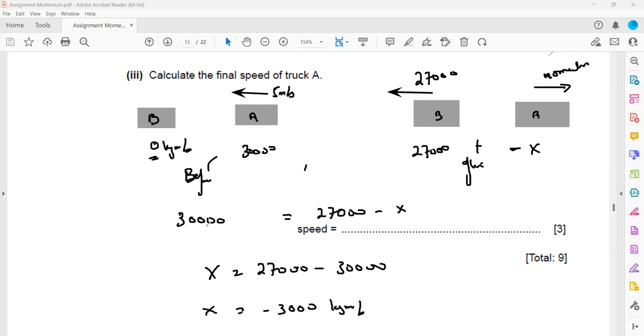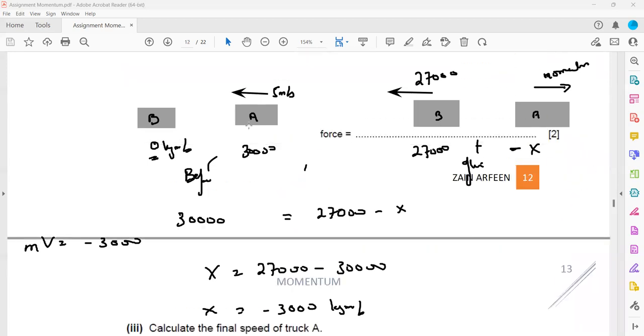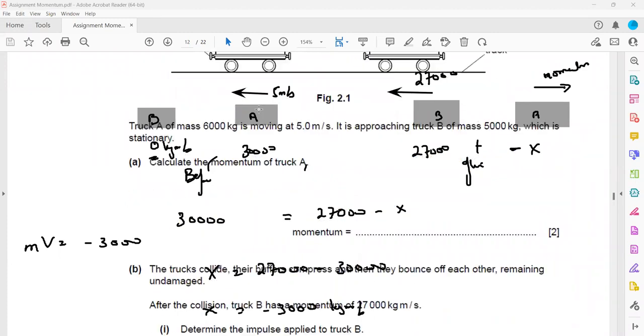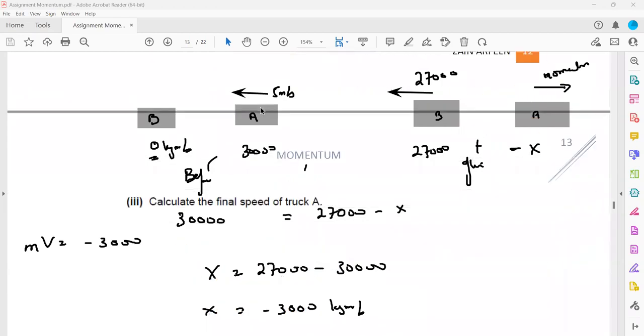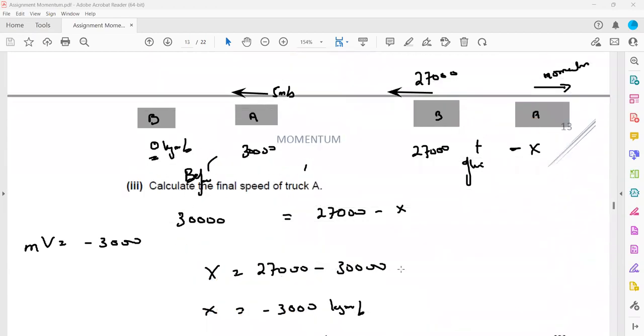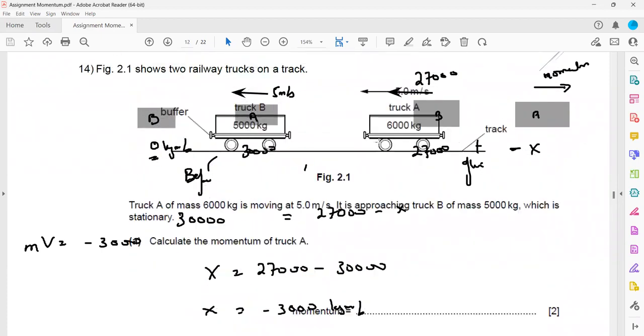We need the velocity. Momentum is the product of mass and velocity. That's equal to minus 3,000 over the mass of truck B, which is 5,000 kilograms. Sorry, the mass of truck A, because we are finding it for truck A, so I should take truck A, which is 6,000 kg.